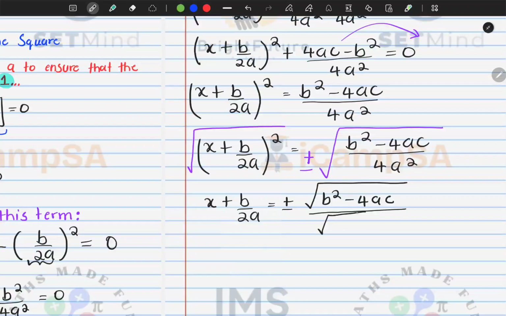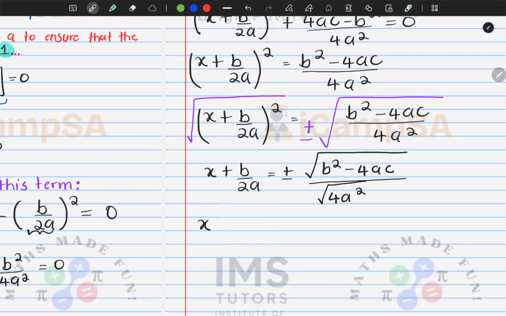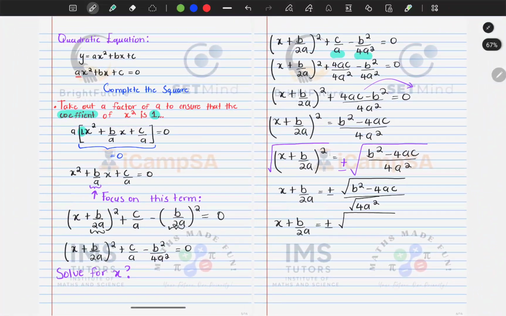So we'll have the square root of 4a squared. So x plus b over 2a equals plus or minus the square root of b squared minus 4ac, divided by, when we take the square root of 4a squared, the square root of 4 is 2, and the square root of a squared is simply a.